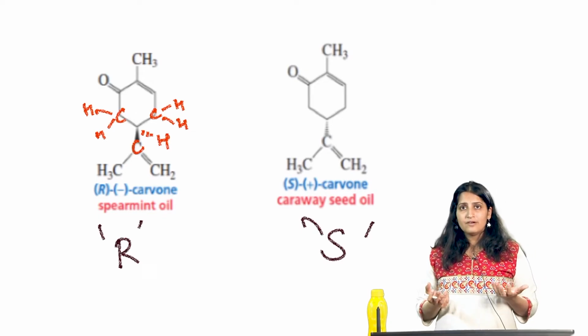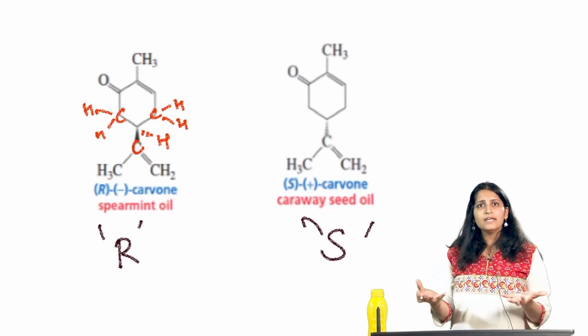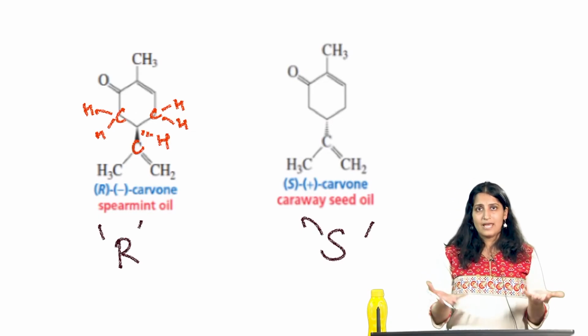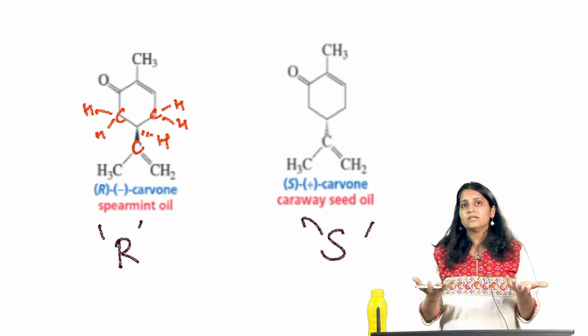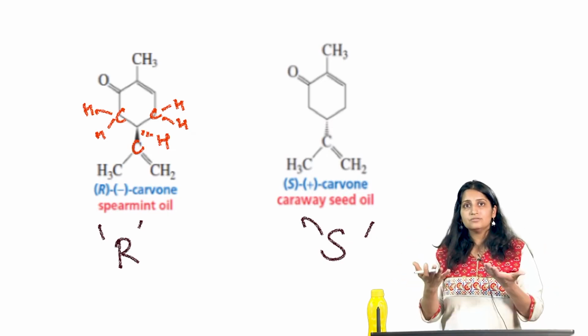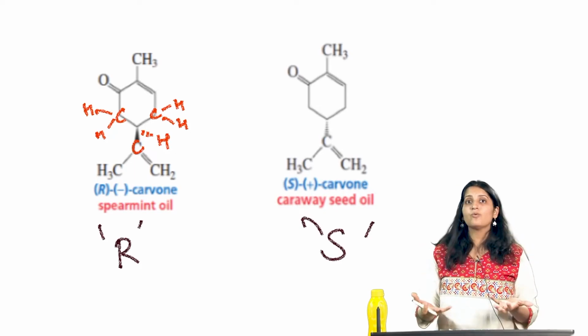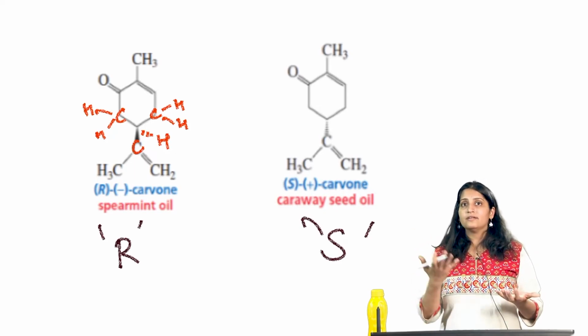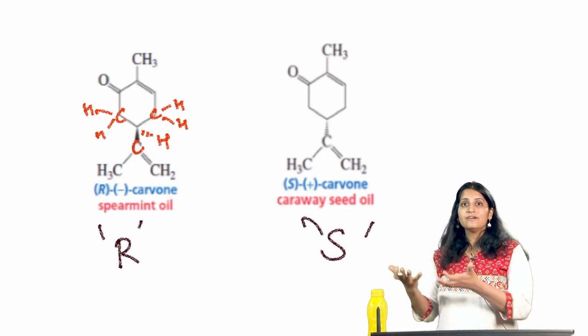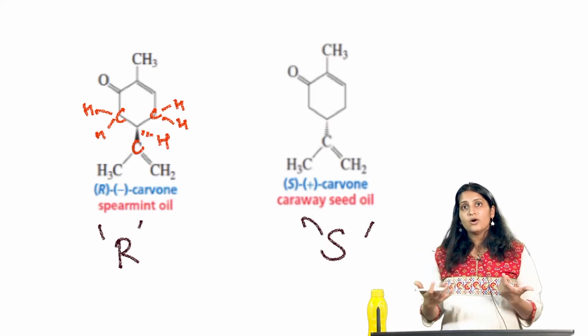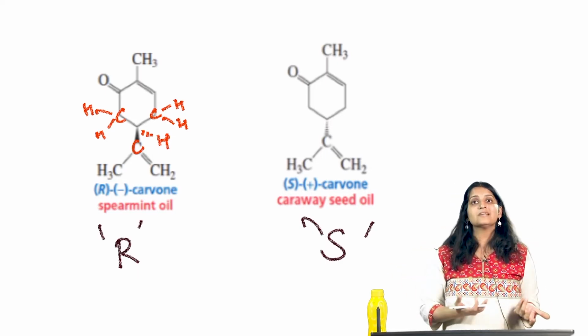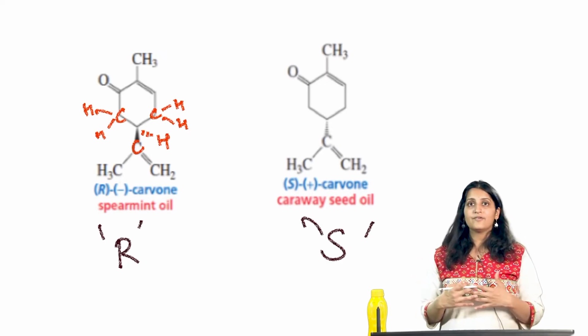One question to ask is, if they are very similar, with the same molecular formula, why do they smell differently? It is because your nose has receptors that bind particularly to one and not to the other, and in the case of caraway seed oil you have different receptors binding. Our receptors are chiral, so we smell differently.